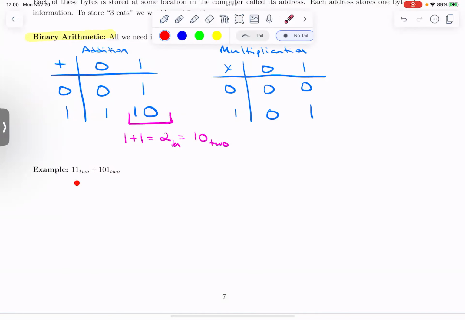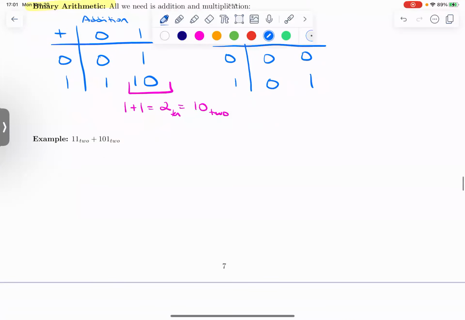If I want to add 1 1 base 2 and 1 0 1 base 2, I have 1 1 plus 1 0 1. I'm going to stack them like this. 1 plus 1 is 1, 0, let's call it 10, right?